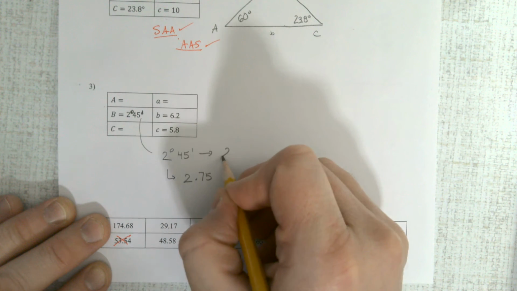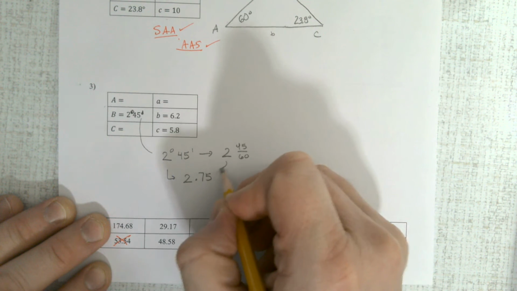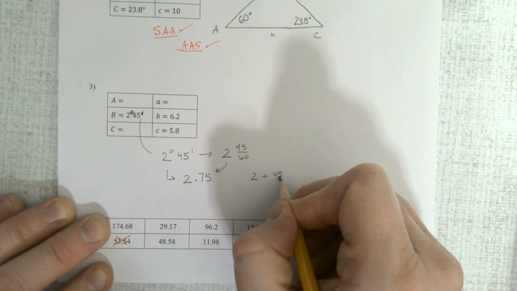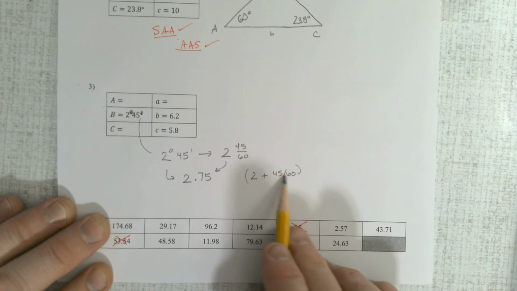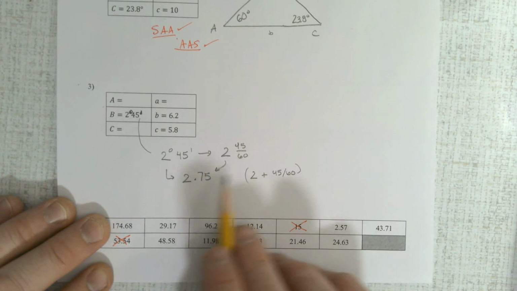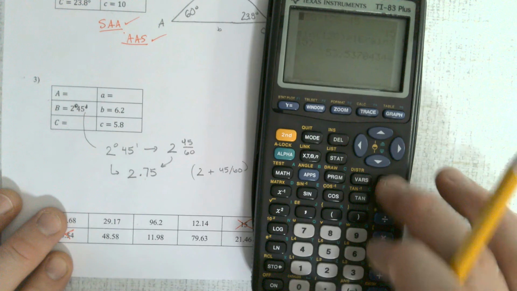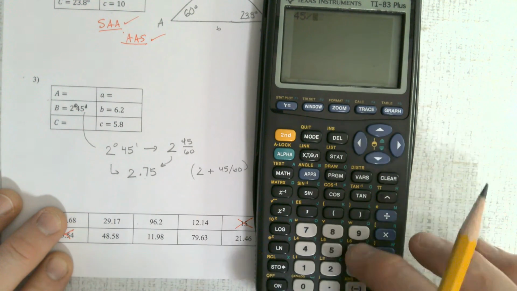Because this is 2 and 45 over 60, which is 0.75. In your calculator, you're going to want to enter it either way. It's either 2 plus this decimal, and the decimal is 45, you can just find that by 45 divided by 60.